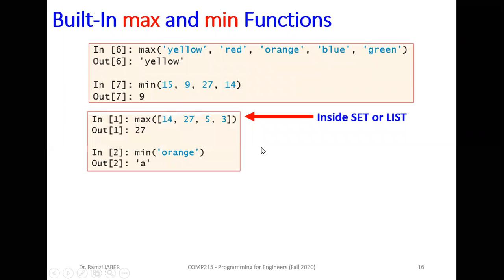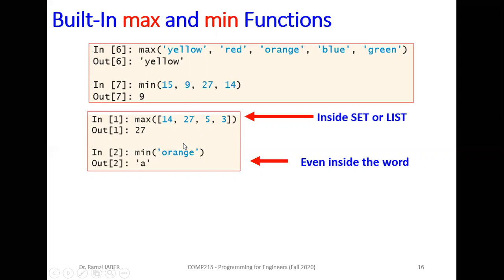Also, we can put a maximum on a set or list, or even a single word, and it gives the minimum character, here will be A, or the maximum here will be R.